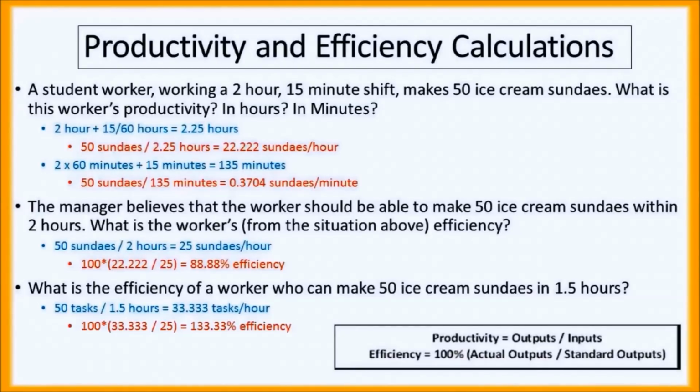So our efficiency is our actual for this particular worker, which is 33.333 tasks or sundaes per hour, divided by 25, which is our standard, gives us 133.33% efficiency. And this seems reasonable because this worker is working faster or more efficiently than the manager believes that they could be.